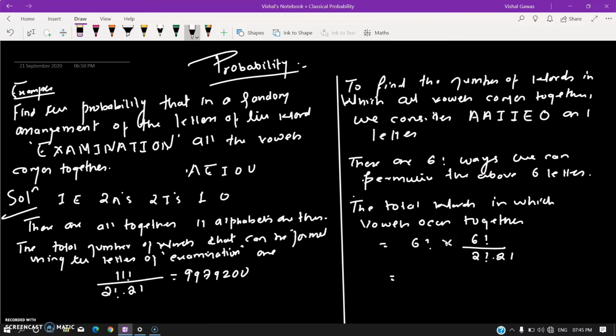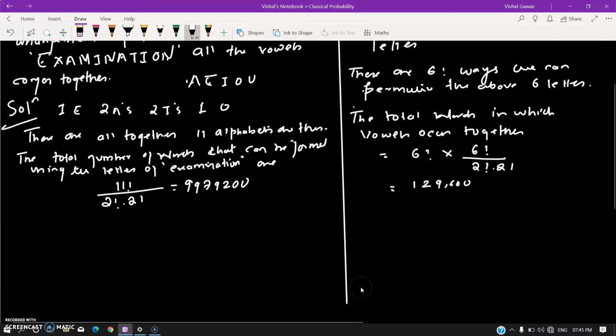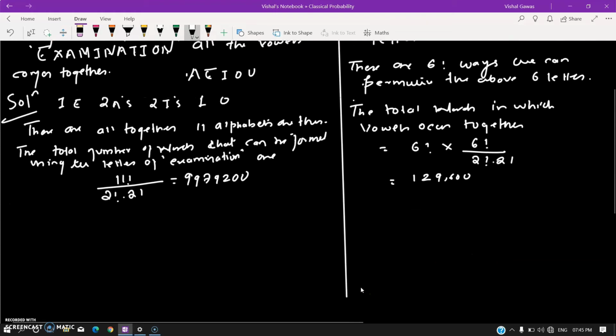So 6 factorial multiplied by 6 factorial again, divided by 4, comes out to be 129,600. These are the numbers of words in which vowels occur together.